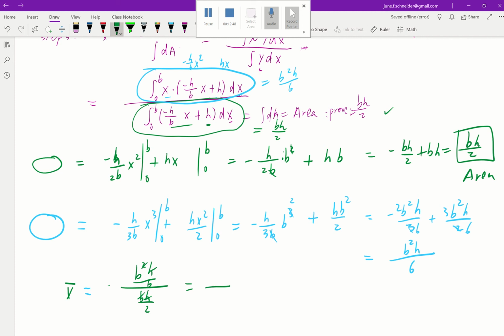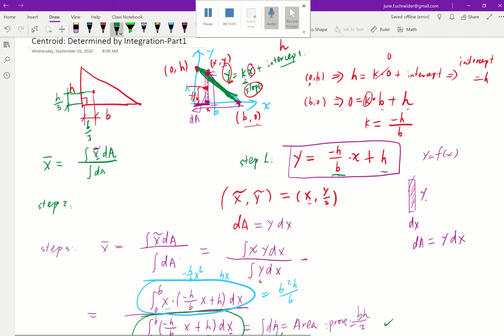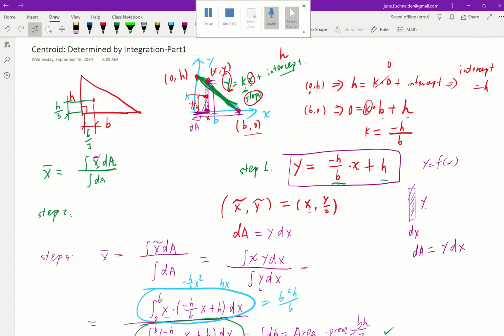So then we'll have b over 3, because it's 2 over 6. So b over 3. That is our b, and that's exactly what we have been using for the triangle. It's going to be 1/3 of b. Okay, 1/3 of b. So we find our x bar now.